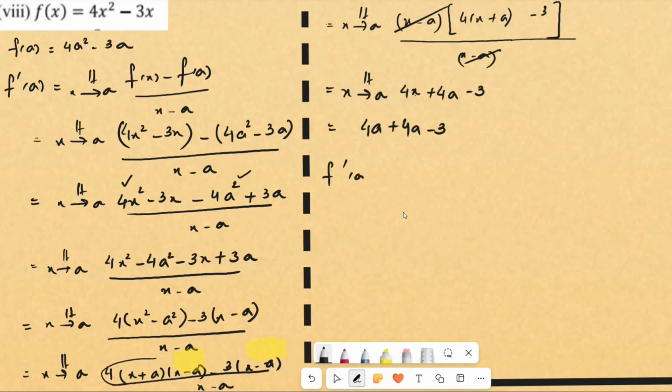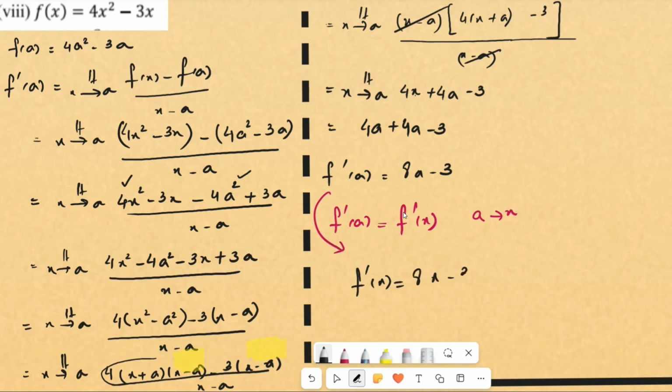So f dash of a will be 8a minus 3. We know that f dash of a is equal to f dash of x. So replace a as x. It would be f dash of x is equal to 8x minus 3.